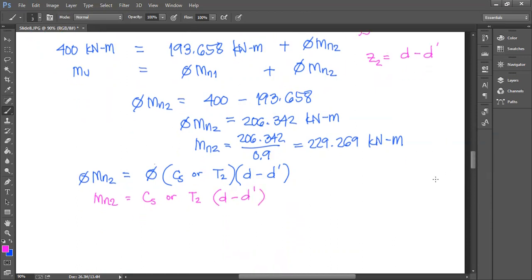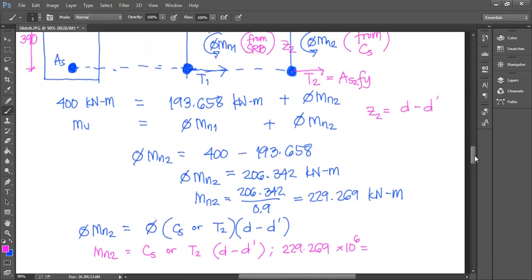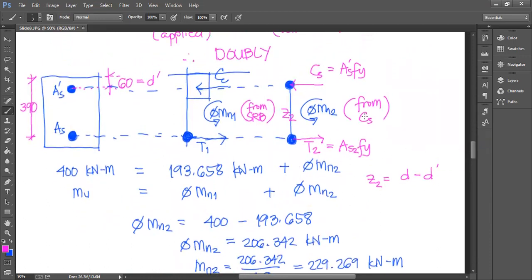Now, either of the two we can look for. In this particular case, we can say that 229.269 times 10 raised to 6 is equal to either Cs or T2. So this means that either Cs or T2, we can say that A prime s is also equal to As2.